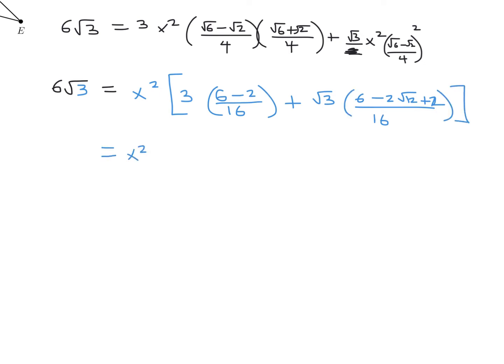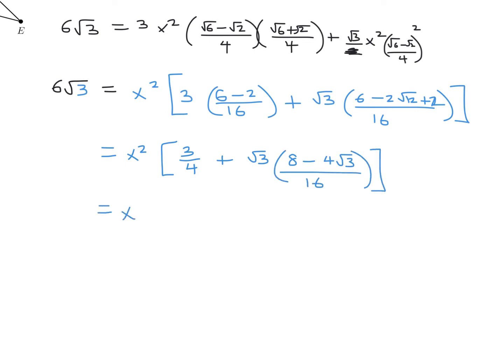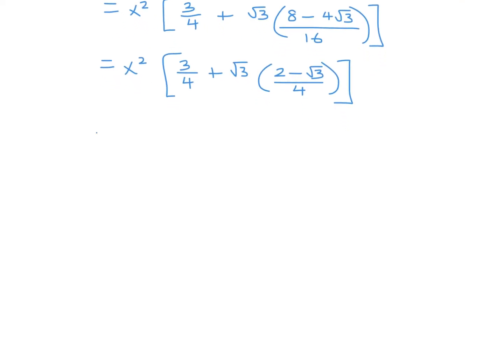Let's see here, 3 over 4, so that's nice. And then this one, root 3, 8 minus 4 root 3, I believe, over 16. So 3 over 4, and then we've got 2 minus root 3 over 4. Correct?